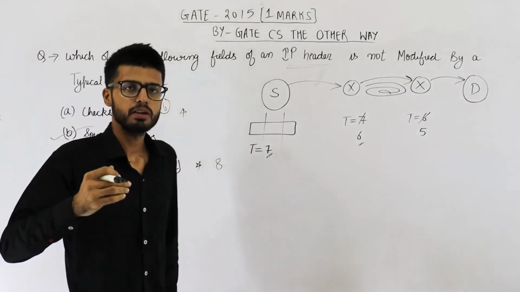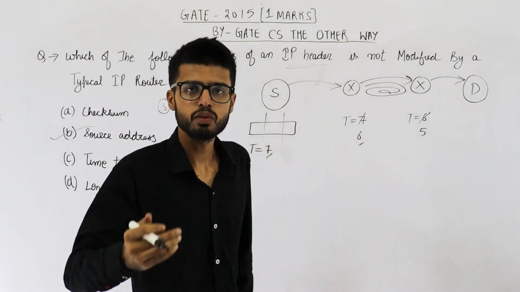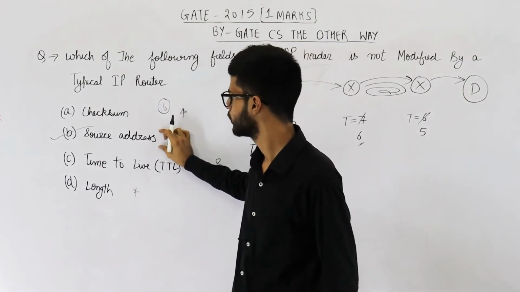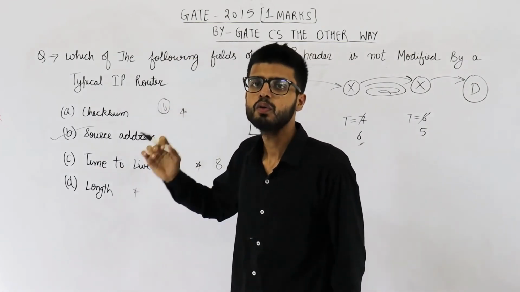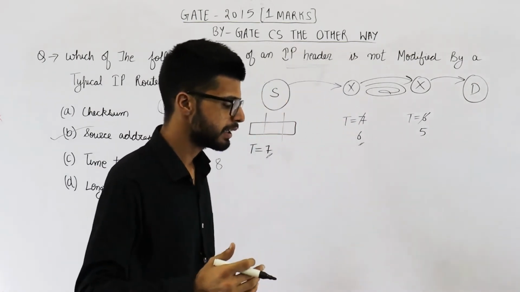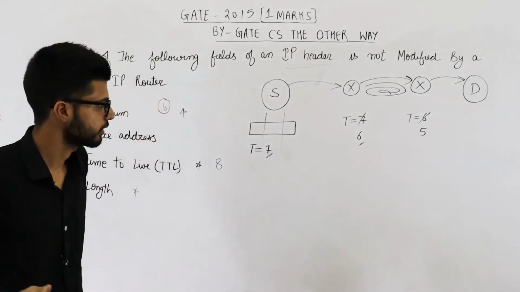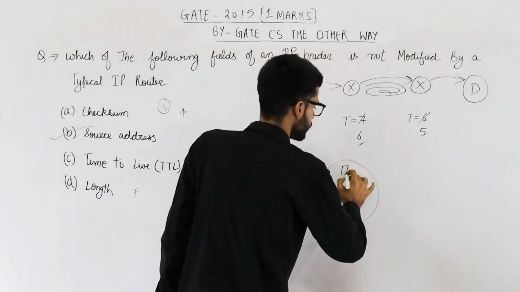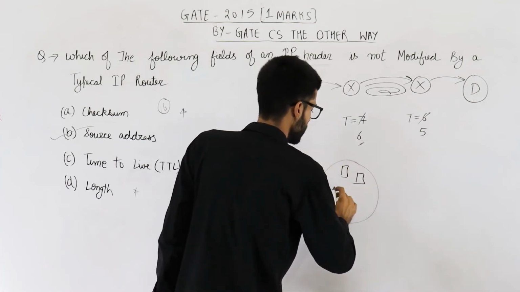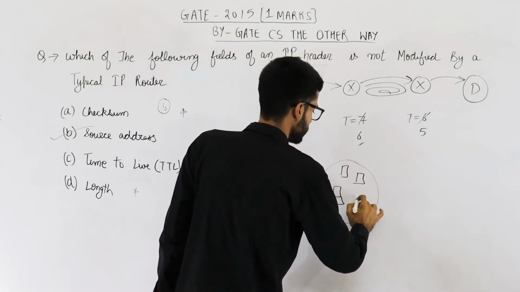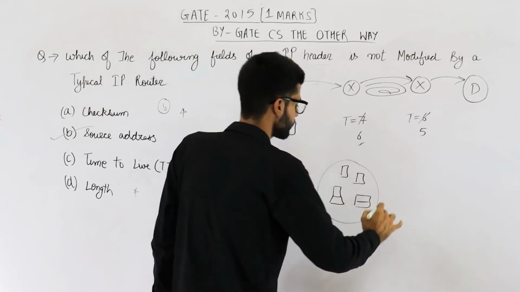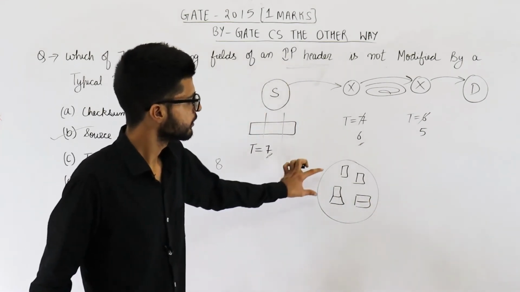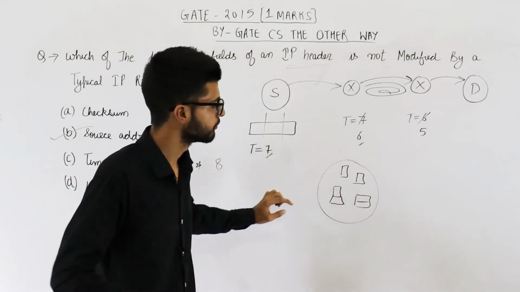Now, is there any situation in which router will modify this one? Yeah, there are situations. For example, if you are implementing network address translation, that is NAT. Suppose this is your home network. You have few devices, 2 mobiles, 1 laptop maybe, and a printer. All of these may use a private IP.